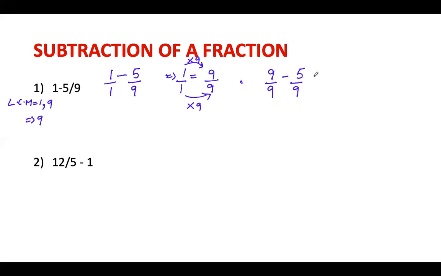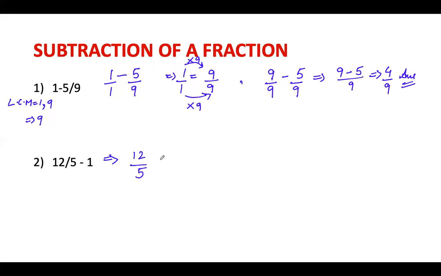When we add or subtract like fractions, we subtract the numerators and the denominator remains the same. So we get 4/9. This is your answer. I hope you understand these things.